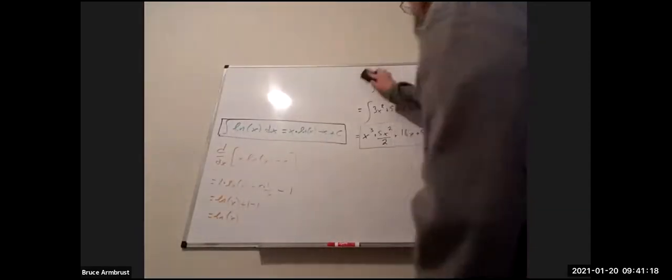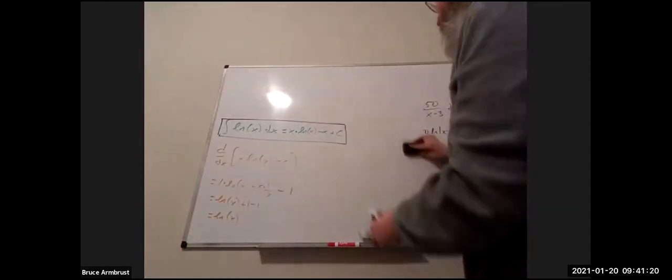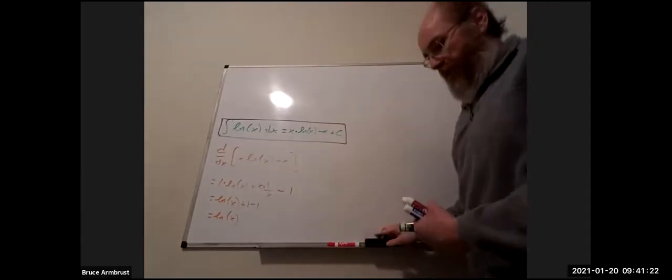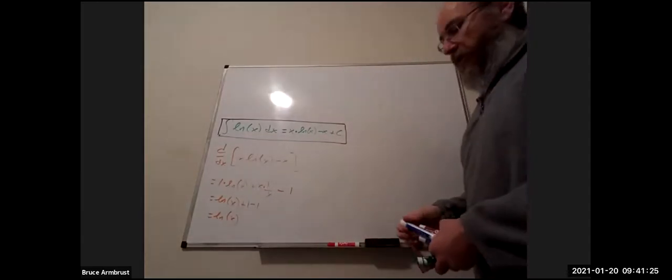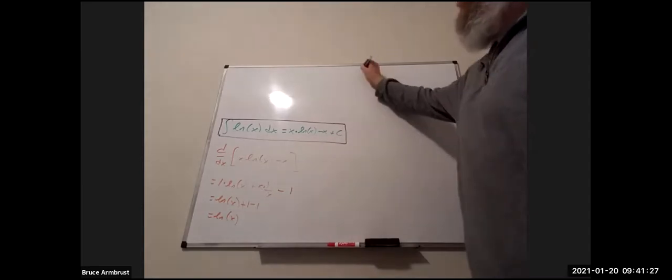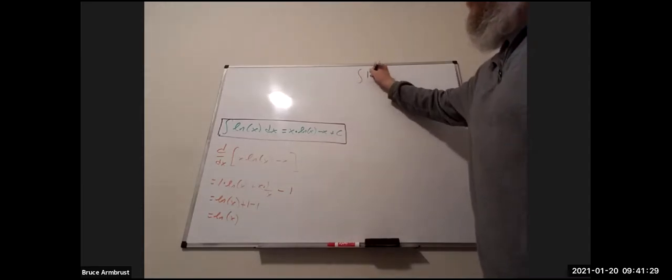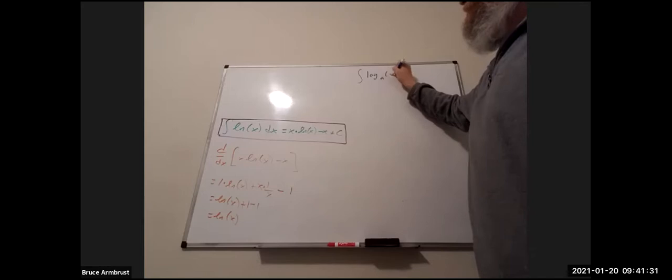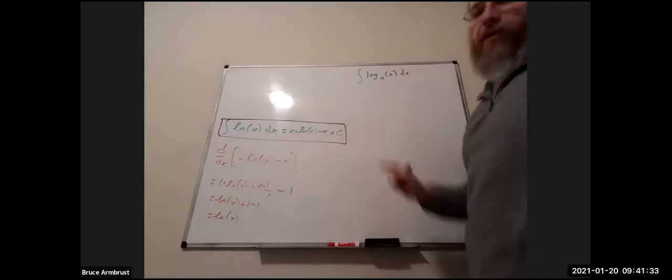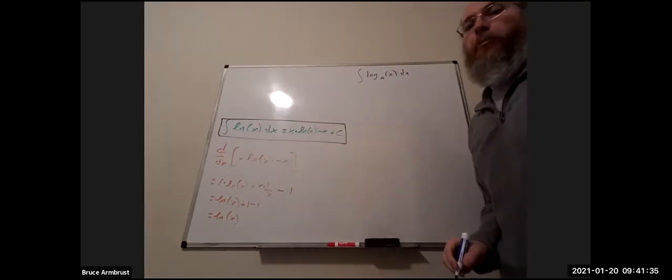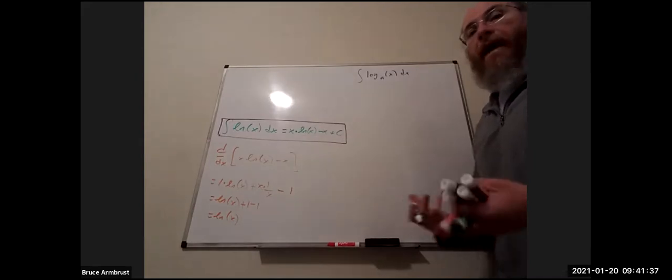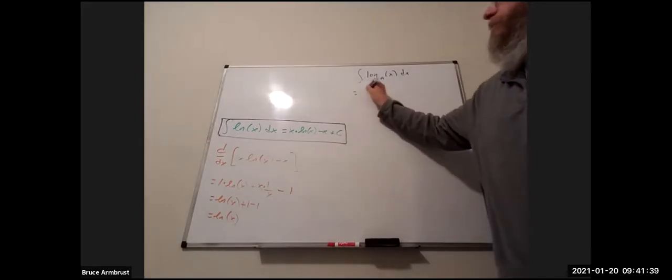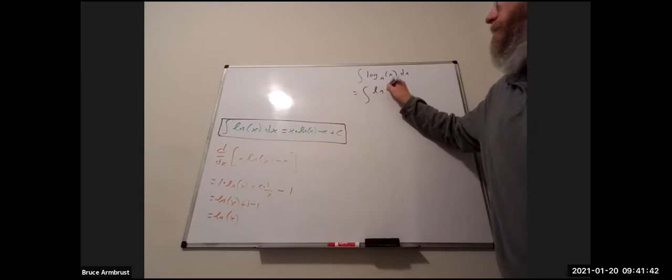But that's pretty easy to do, knowing the natural log. Let's go with log base a. We're going to integrate log base a of x, so insert your favorite base. Here's what we're going to do: we're going to turn it back into natural log using the change of base formula.